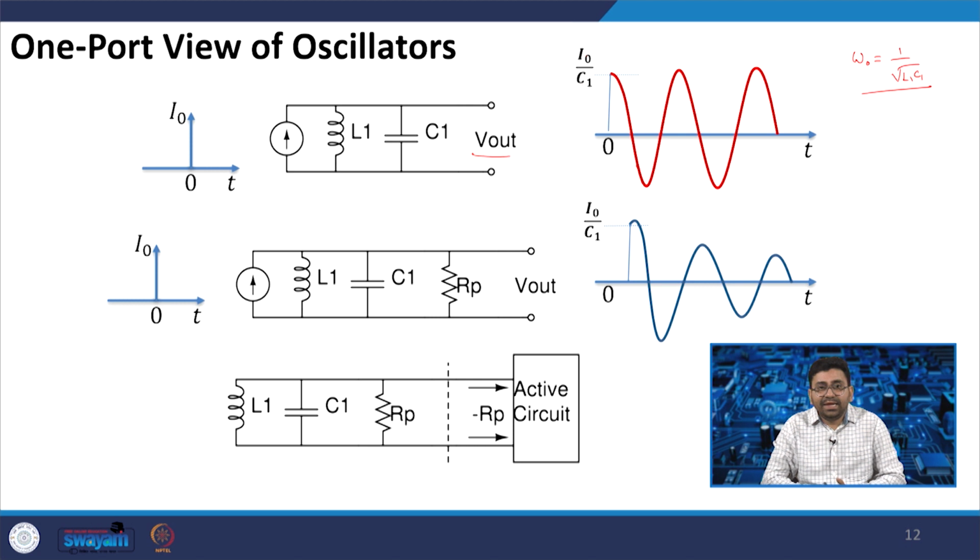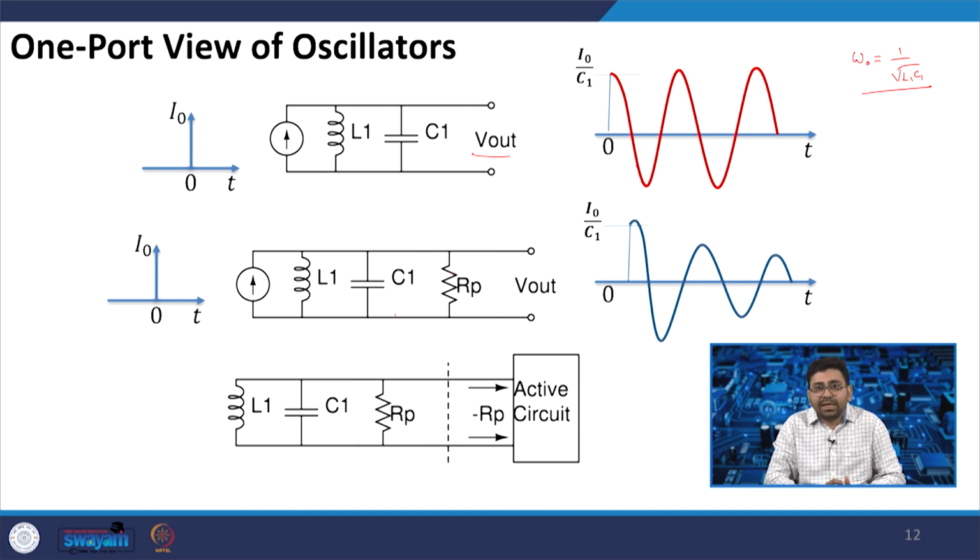But in reality, we do not have an ideal inductor or capacitor, it always adds a loss. So, we need to denote it with the resistance Rp, which is connected in parallel to the tank L1 and C1. So, this is now a parallel RLC circuit.